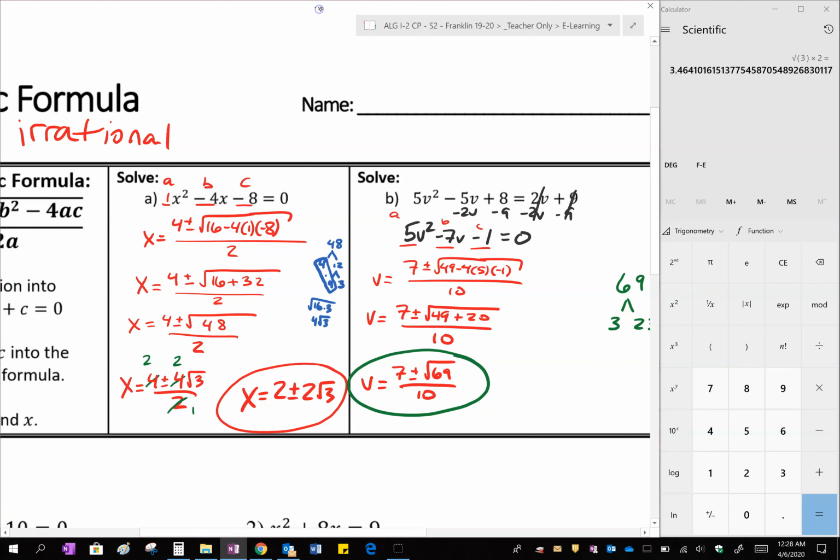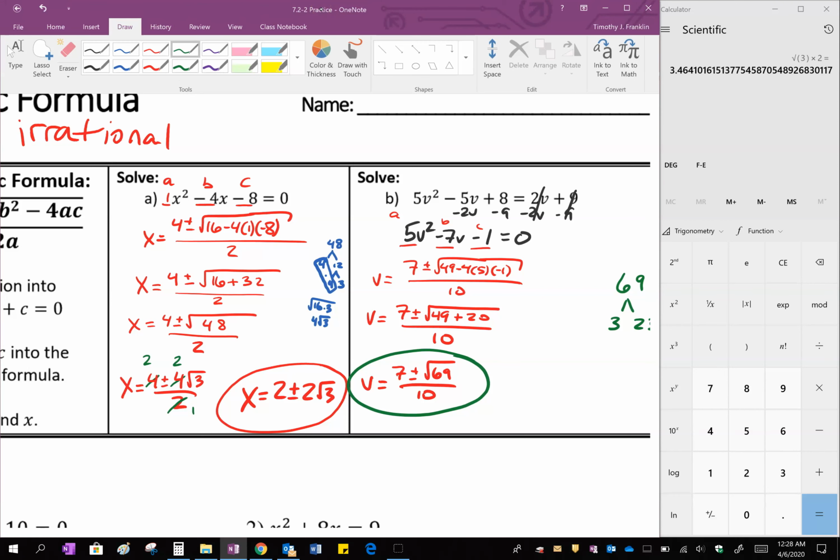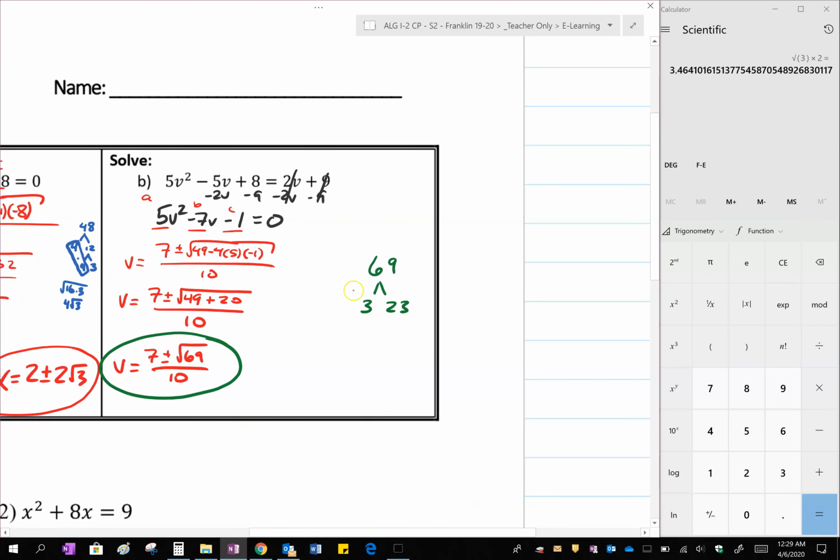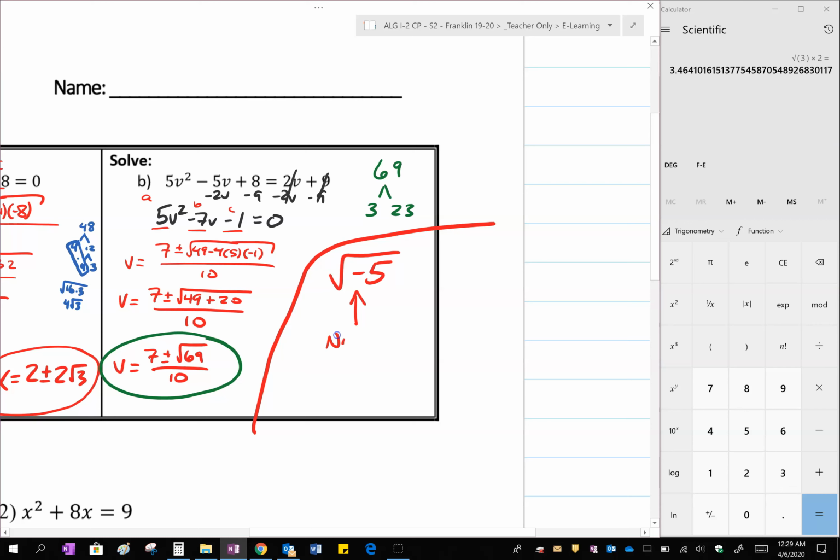By the way, I don't think it happens in this assignment, but for the future, if we ever see a negative number inside the square root as we're working, that is a no solution.